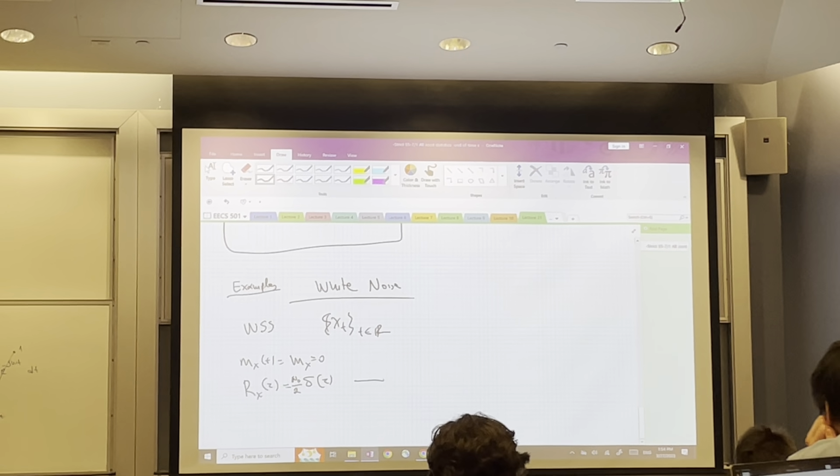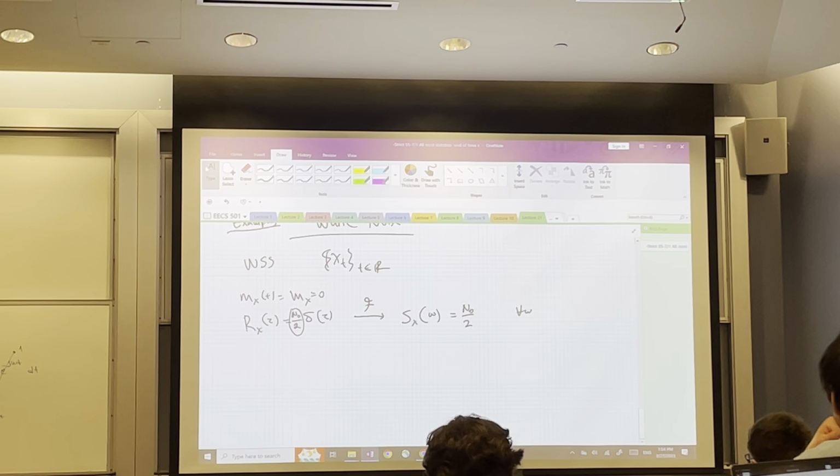And if this is true, and I take the Fourier transform, what is Sx of omega? Can someone tell me? This is a constant, don't worry about it. What is the Fourier transform of a delta function? 1. Okay, so this is N0 over 2 for every omega. Okay? So let us understand what is the meaning of that.